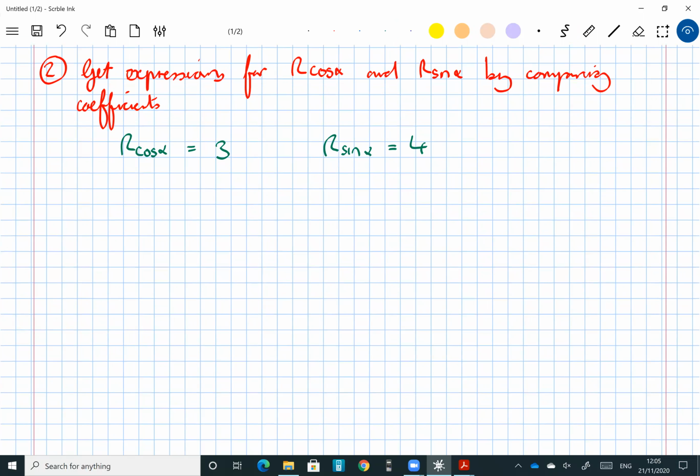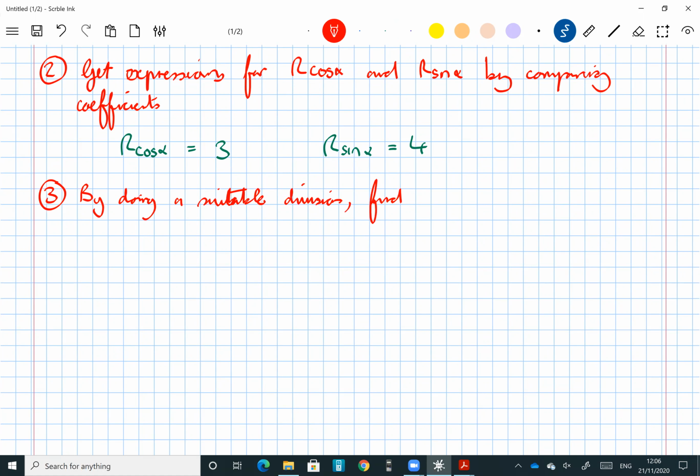Right, so the next step, step 3, by doing a suitable division, find the value of tan alpha and hence alpha.